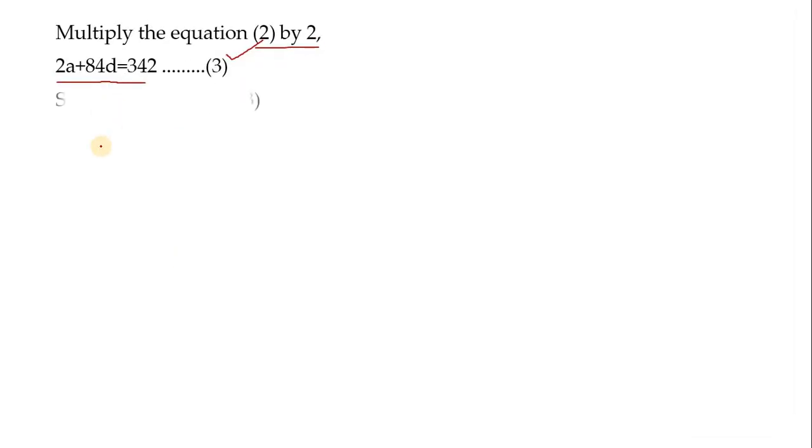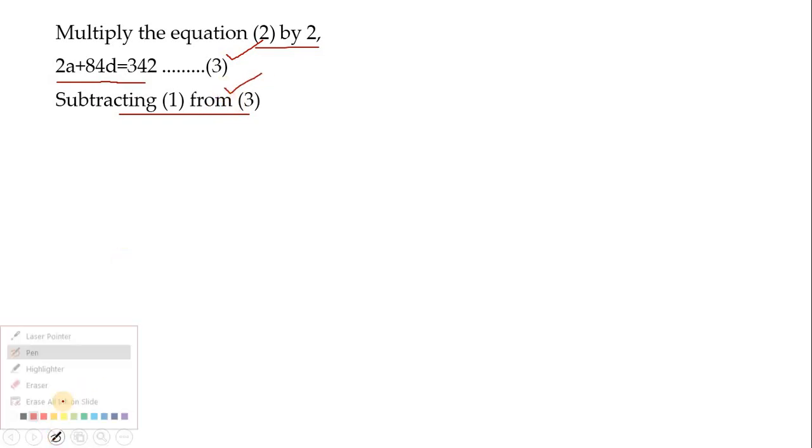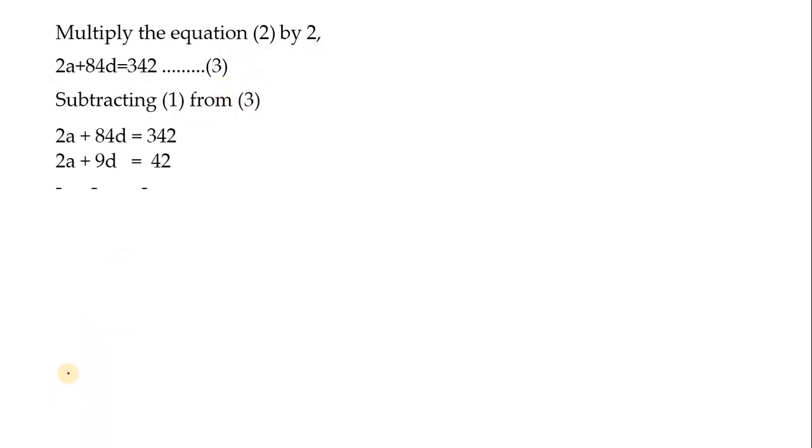So, subtract 1 from 3. Otherwise, you can write here solve equation 1 and 3. So, for that, let me write equation 1 under 3. And here the a coefficients are same and signs are also same, hence I have taken minus, minus, minus. That's why I have clearly written here. We have to subtract.